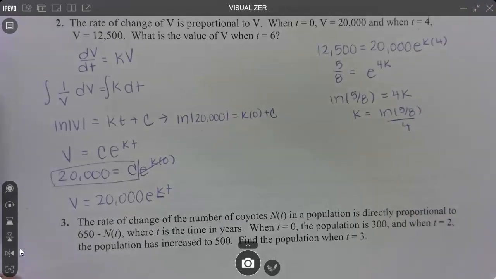So we get K equals the natural log of 5/8 all over 4.